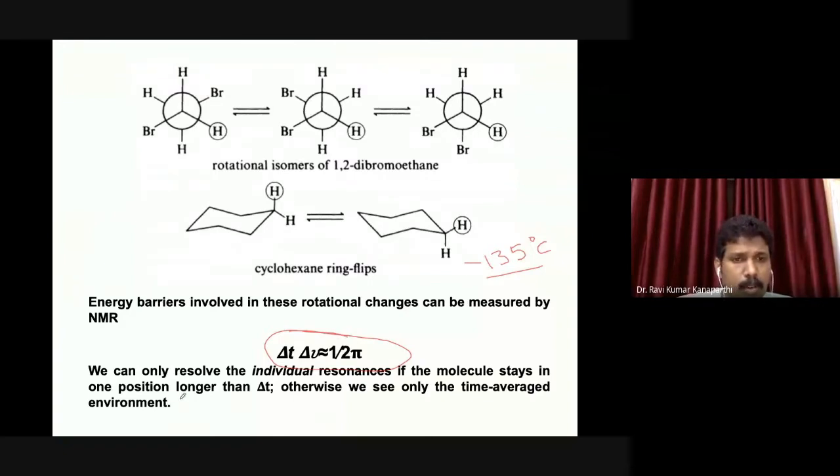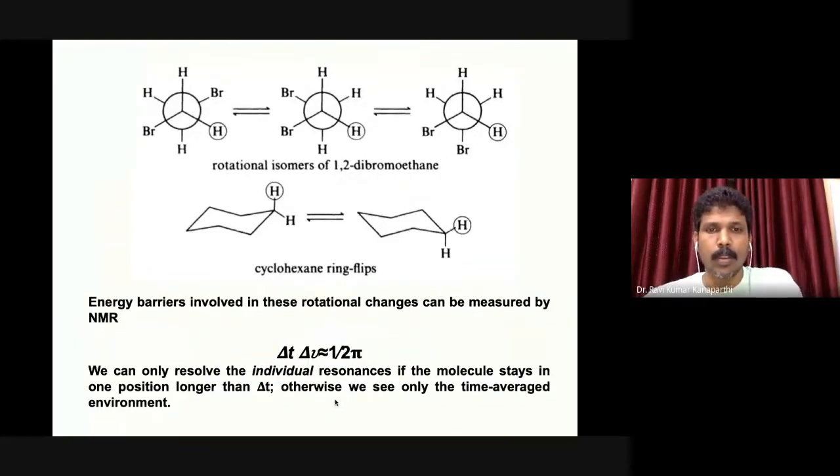You also remember that it depends on the detector seeing the time difference. If a particular conformer stays in a particular conformation for more than this delta t, then it is possible to distinguish the two conformers.